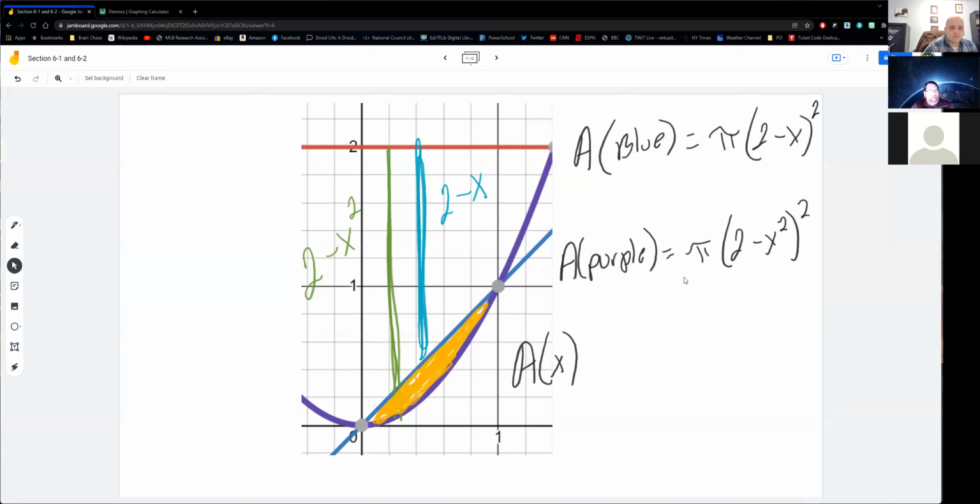The purple one or the blue one? The purple one, right, because that's the furthest one away from where I'm rotating. So when we're rotating, that purple one is in essence on top. So I'm going to have pi times (2 minus x squared) squared minus pi times (2 minus x) squared.